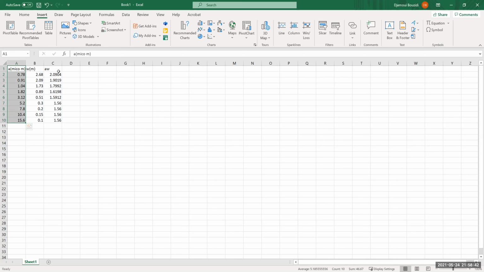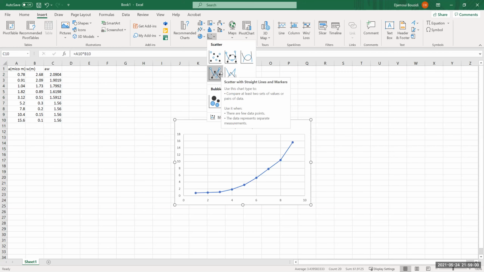As A is getting bigger, the width is getting smaller. That's how it's supposed to be. So again, why do I have it backward?